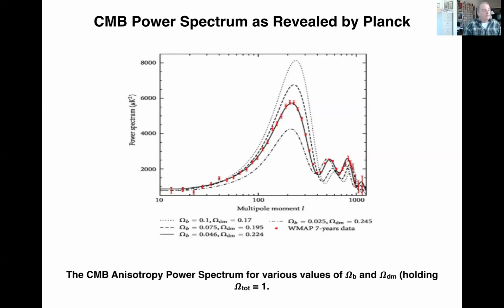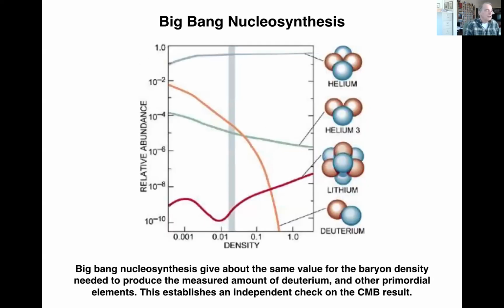So by comparing these simulations with the data from WMAP or from Planck, by fitting the data, you can get a very precise indicator of what, in this case, the baryon concentration is. Steve, yeah.